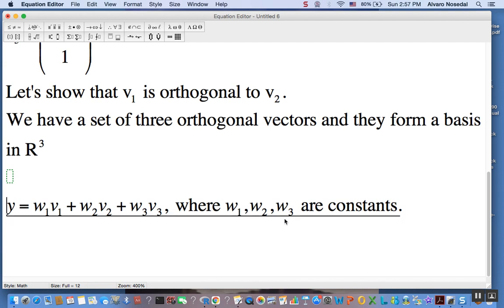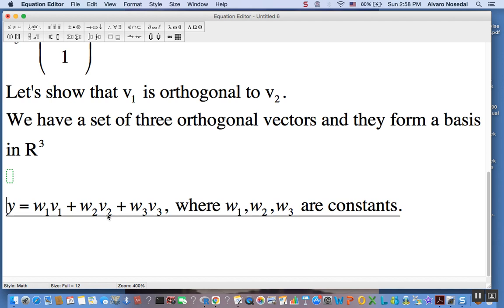Now, if you want to find that decomposition of y in terms of the members of your basis, it turns out that if the norms or sizes of the vectors v1, v2, and v3 were 1, we could easily find those weights.